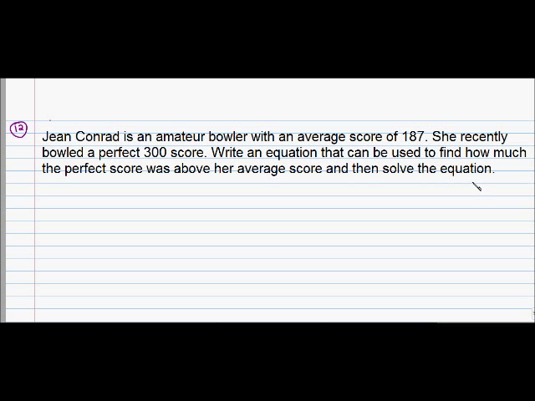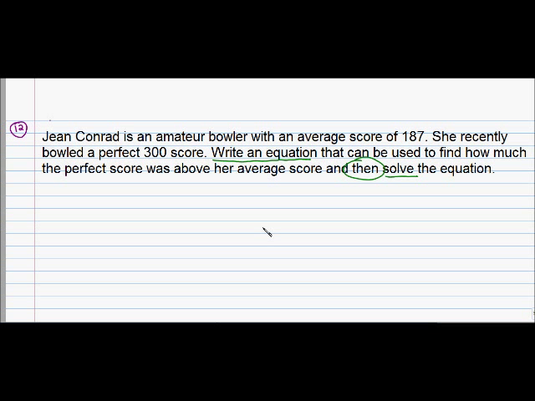So they want us to write an equation that can be used to find out how much the perfect score was above her average score, then solve the equation. So there's 2 steps here. Write an equation, solve the equation. There's a couple different ways we can do this.